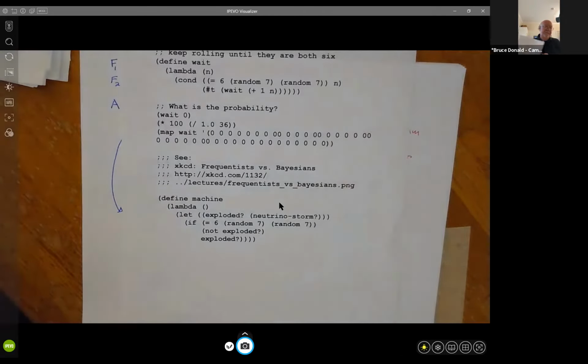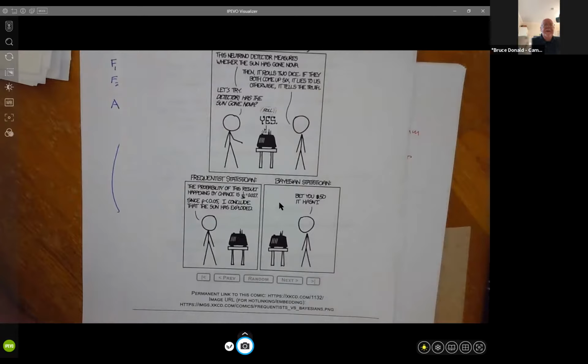How many of you had seen Bayes' theorem before? A few? Had you proved it before, or had it just been stated and you used it?